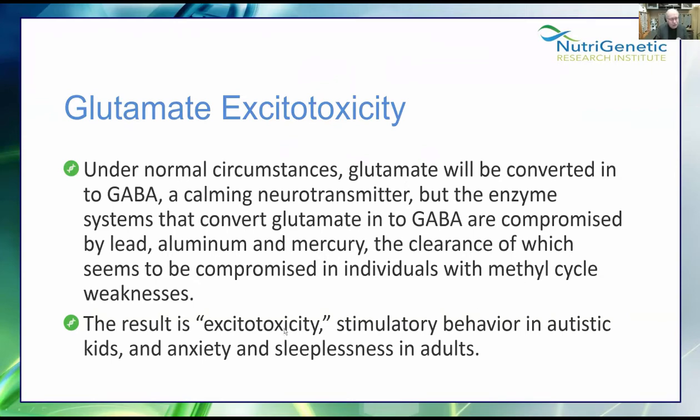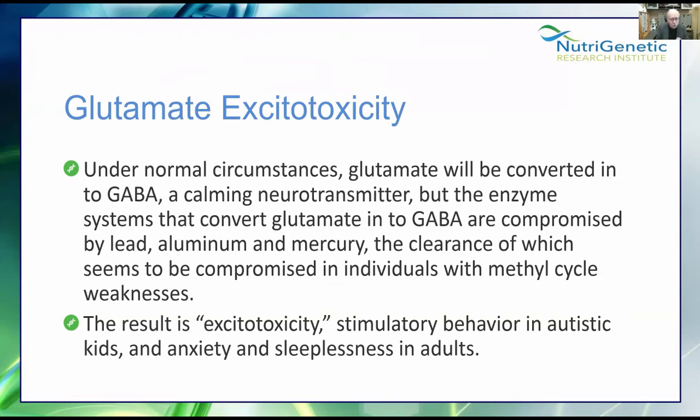Result is that excitotoxicity. And aside from just the autism, I talk to a lot of elementary school teachers and I'll say, how long have you been teaching? And if they're teaching more than 5 years, I'll say to them, how are the children today compared to 5 years ago? I haven't had anyone yet that says the children are not more anxious, irritable, difficult to focus, and they all talk among themselves as to what is going on.